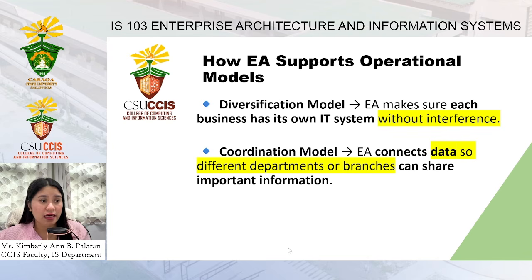So how does EA support these operational models? For diversification, EA makes sure each business has its own IT system without interference. Or dili dapat siya ma-interfere or ma-interrupt. For coordination model, EA connects data so different departments or branches can share important information. Okay, just some information, not all. Mga important lang ang mga information.